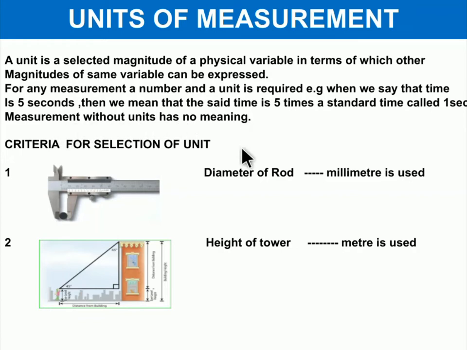Now there are some criteria for selection of unit. The selection of unit depends upon magnitude of quantity under consideration. For example, for measurement of diameter of rod, millimeter is used. For measuring height of a tower, meter is used.